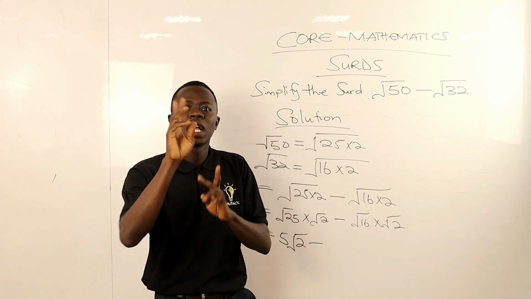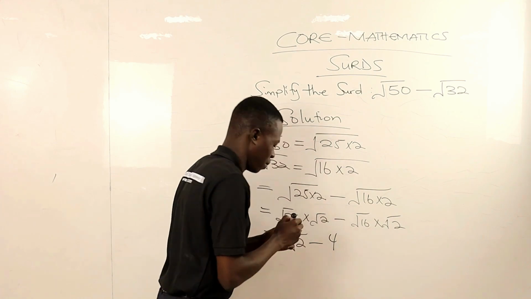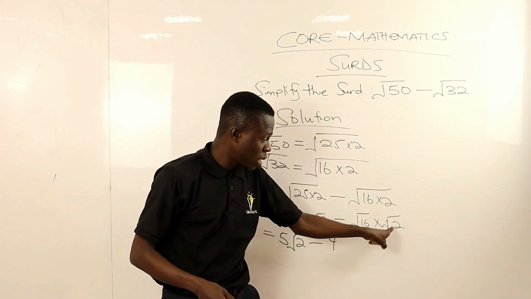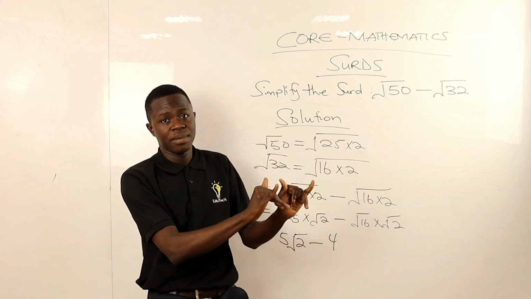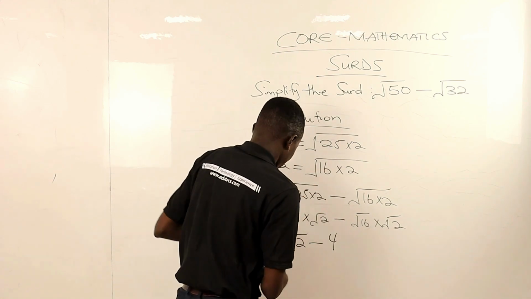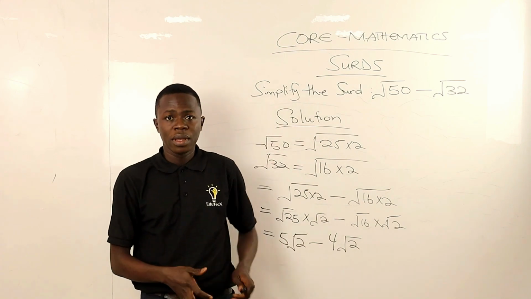So let's write that. Again, we know 2 is not a perfect square, so we have square root of 2 and then we keep it like that. So we multiply it by 4 and we get 4 square root of 2.